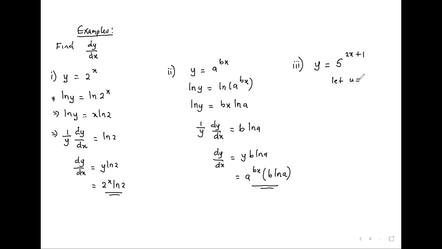So let u be 2x plus 1, differentiate u, we get 2, and then come to the function and say y prime is going to be 2, that derivative there, ln 5 as the base, and then multiplied by 5 to the power 2x plus 1. I'm just applying the general formula here. That's how you differentiate.